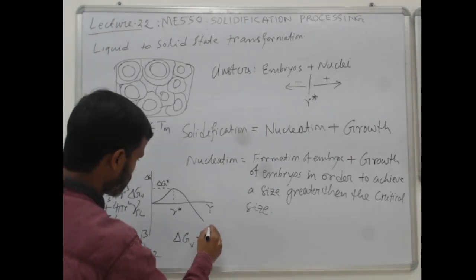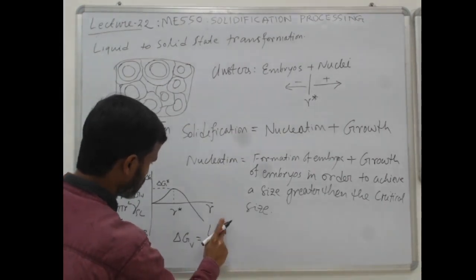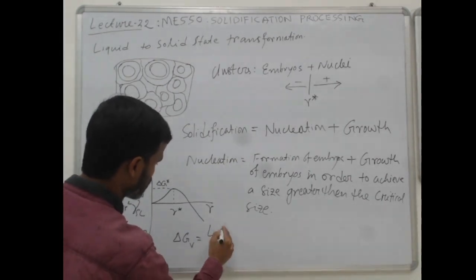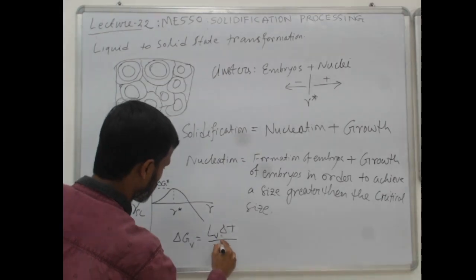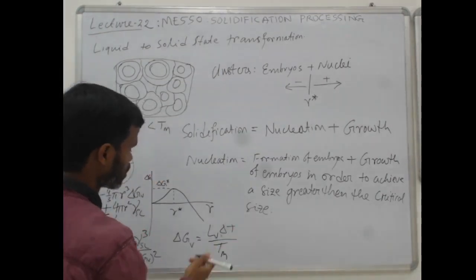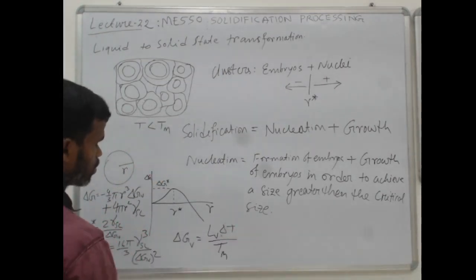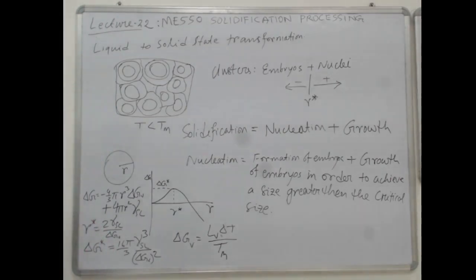It is given as LV delta T by Tm. Tm is the melting temperature, delta T is the undercooling, LV is the latent heat of transformation. So these things we have already discussed.